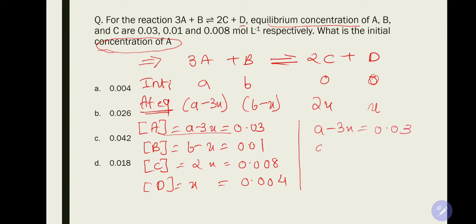So what is the value of a? a is equal to 0.03 plus 3 into 0.004, which becomes 0.042. So the initial concentration of A is nothing but 0.042. Clear? Now let's proceed to our next question.